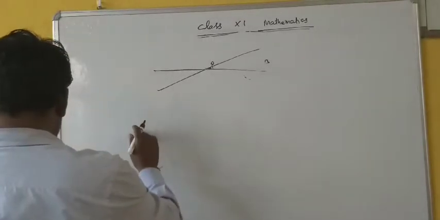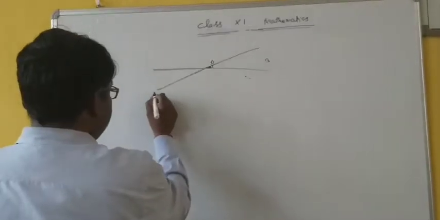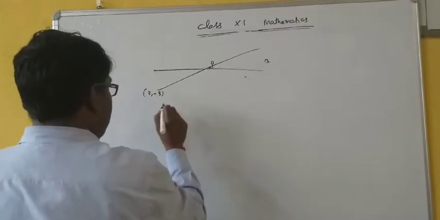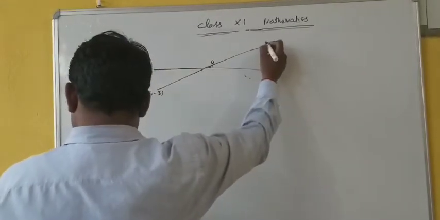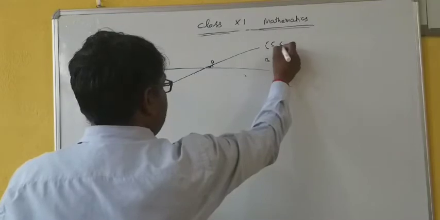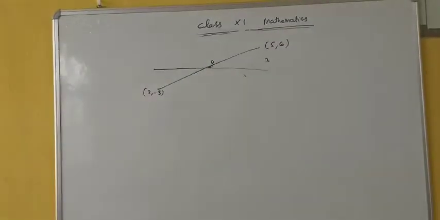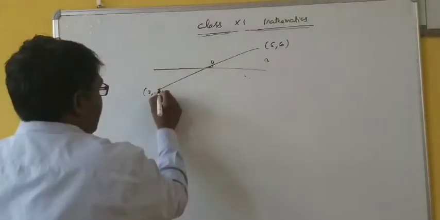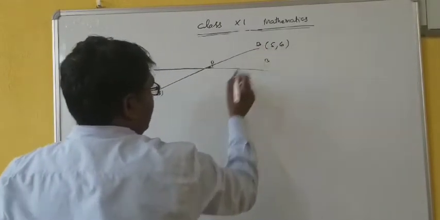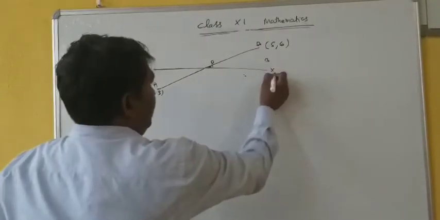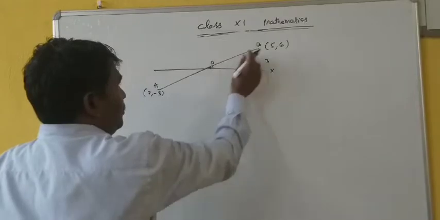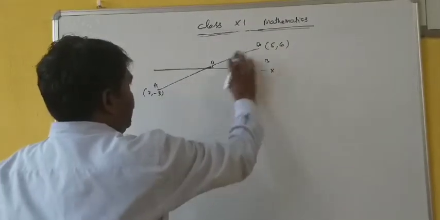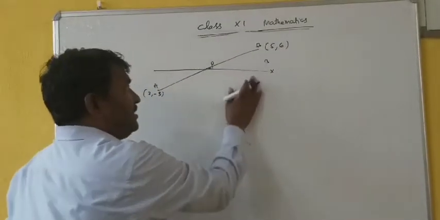Given coordinates are 2 comma minus 3, and this point is your 5 comma 6. Okay. So let A and B be the 2 points. Here it is given in what ratio the x-axis divides the line joining these 2 points.